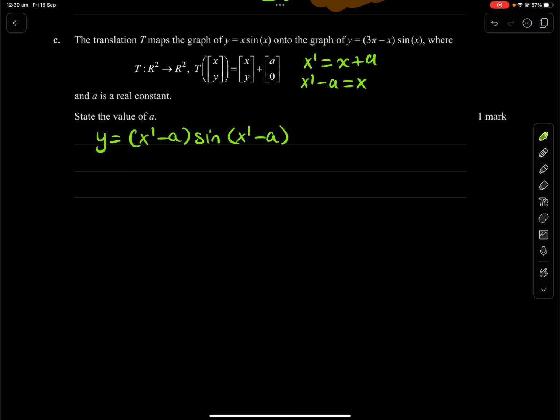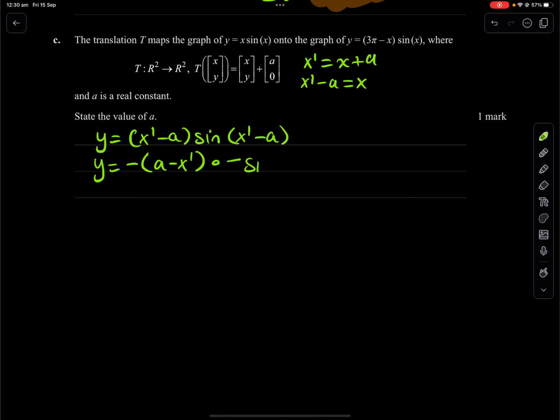Now the problem here is this has a negative x. So what we can do is take a negative out, so for example, if we take this negative out, it'll be a minus x dash, now it looks similar to this. And we can also take a negative out of this one too.